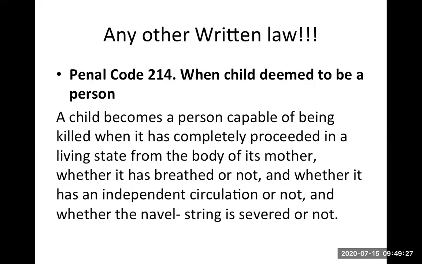Section 214 of the Penal Code provides that a child becomes a person capable of being killed when it has completely proceeded in a living state from the body of its mother, whether it has breathed or not, whether it has an independent circulation or not, and whether the navel string has been severed or not.